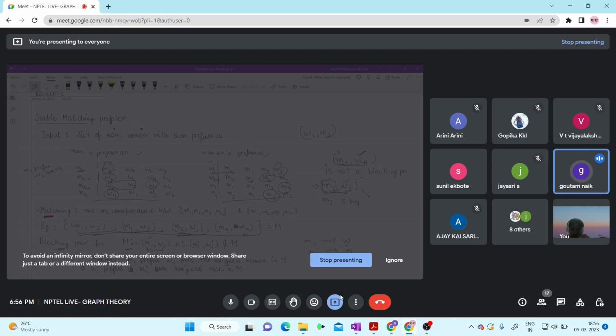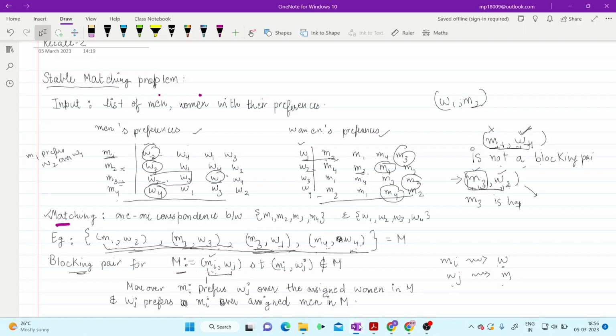It is just this, right? M1, M2, M3, M4, W1, W2, W3, W4. If you have this matching M1 W2, M2 W3, M3 W1, and M4 W4, each matching is giving you a perfect matching for this graph.